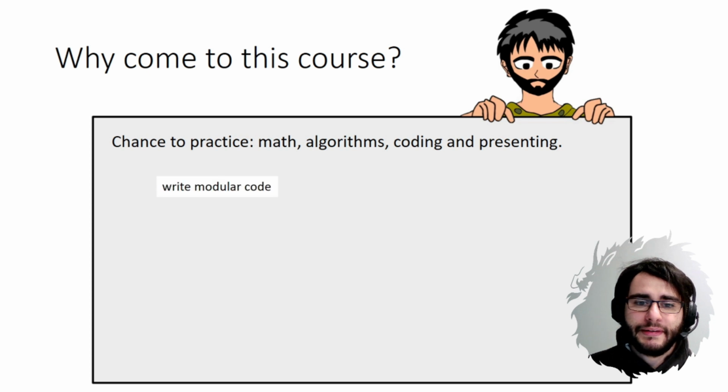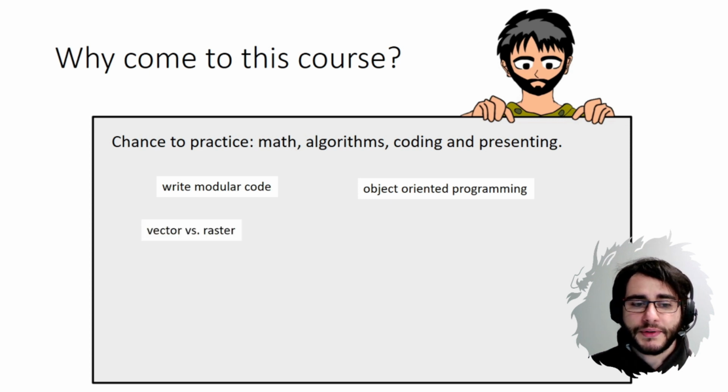All right. Last year I had this same course, and we studied different concepts, and the same are the things that we expect now. We will learn how to write modular code. We will learn a little bit of object-oriented programming. We will see what the differences are when drawing vector versus raster.